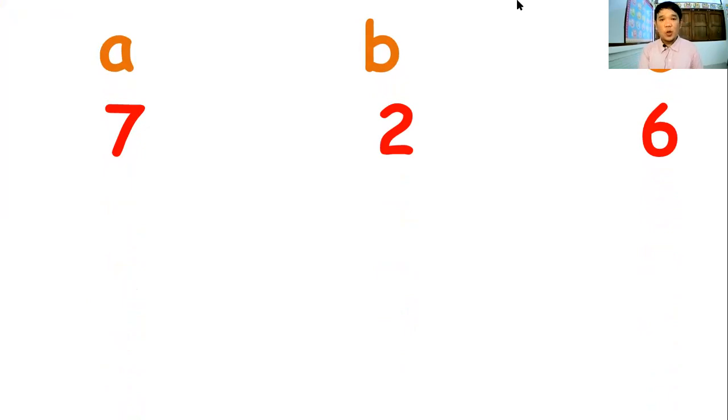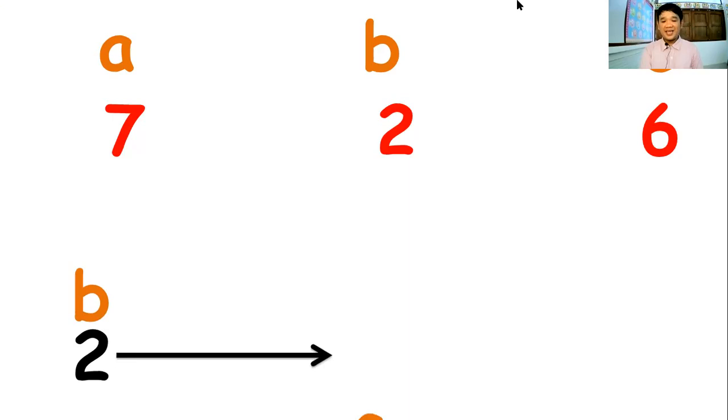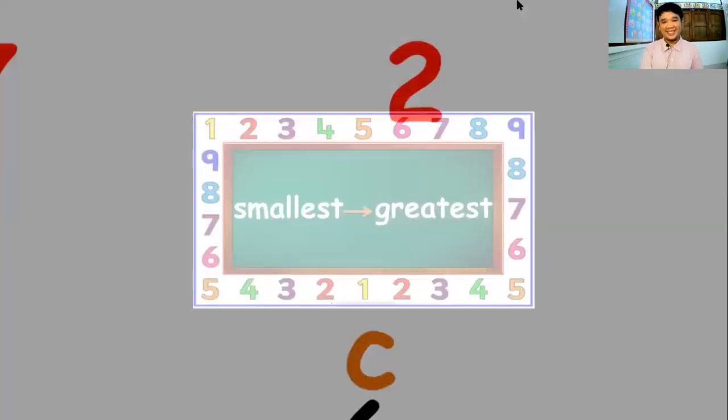Okay, let us order the numbers from smallest to greatest. The smallest is letter B, which is 2. Next is letter C, which is 6. And then after that, letter A, because A is 7. 7 is the greatest number among the 3 choices.